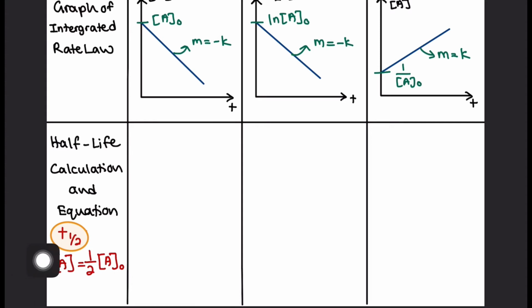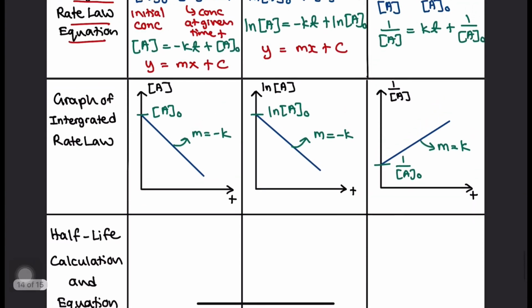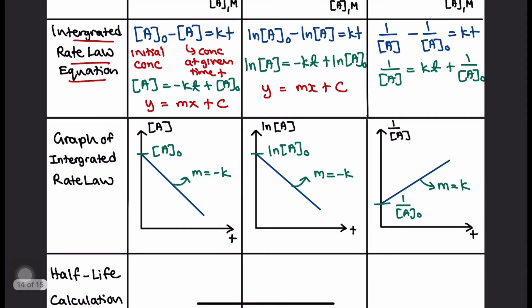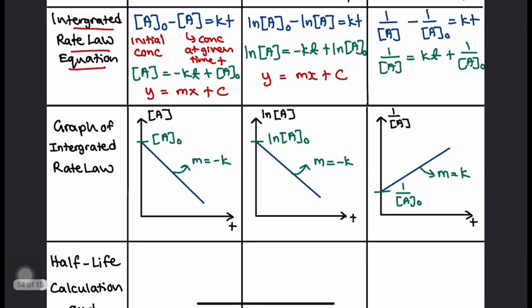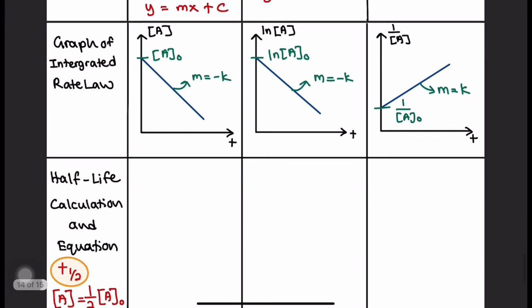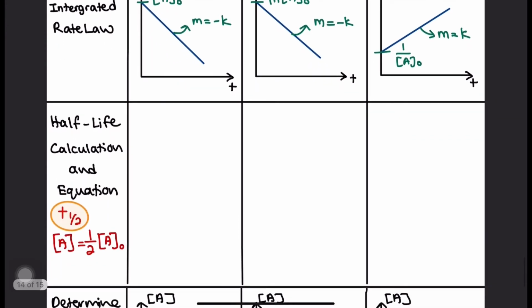Translating this definition into an equation would give us at t-half, the concentration of A would be half of the initial concentration as shown. So using this condition, we will be transforming the integrated rate law equation into an equation that gives us the half-life equation.